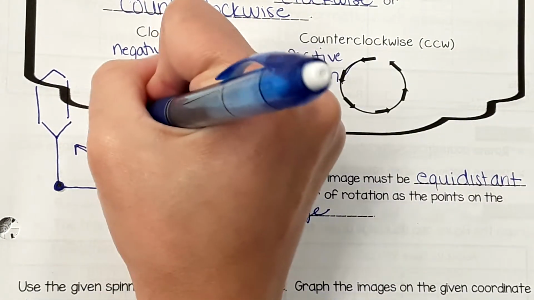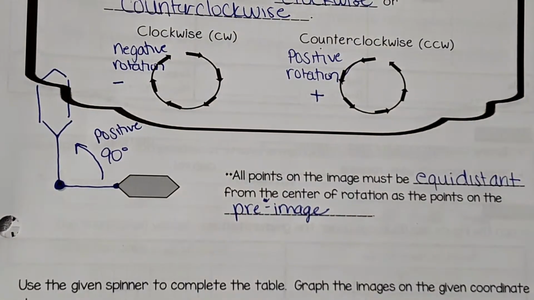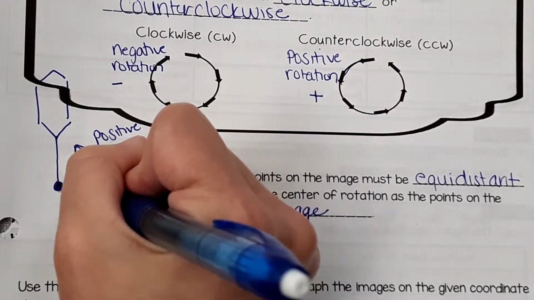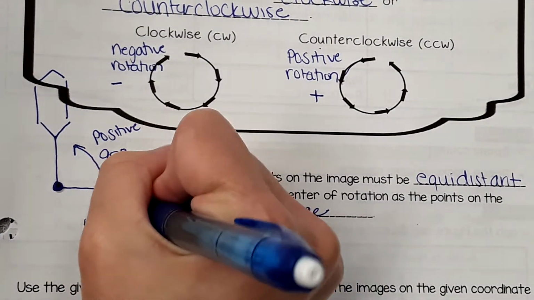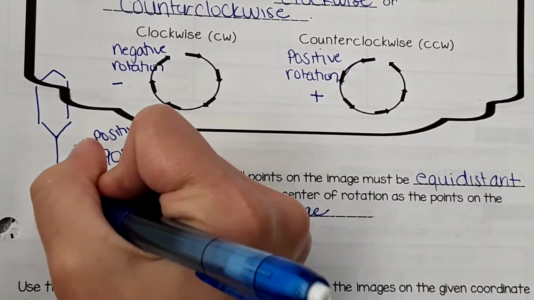So that's positive, so it's moving counterclockwise. If you were asked to rotate this shape negative 90 degrees, it would move here.